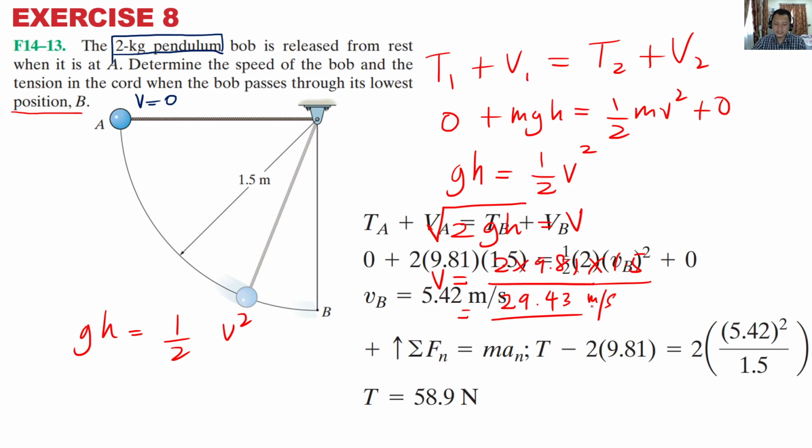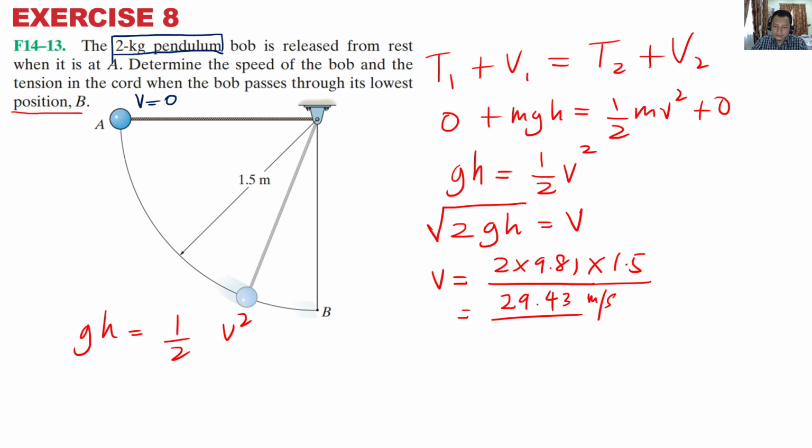This is the velocity. Oh, wrong, we haven't taken the square root. So we got to square root first. Square root of 29.43 becomes 5.42 meter per second.